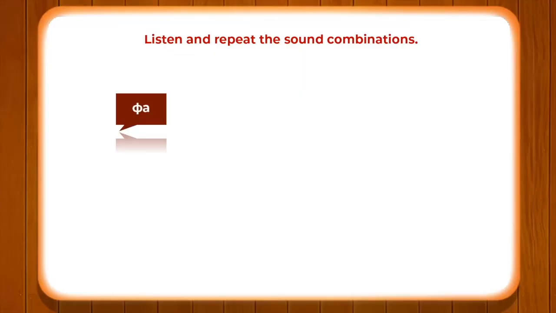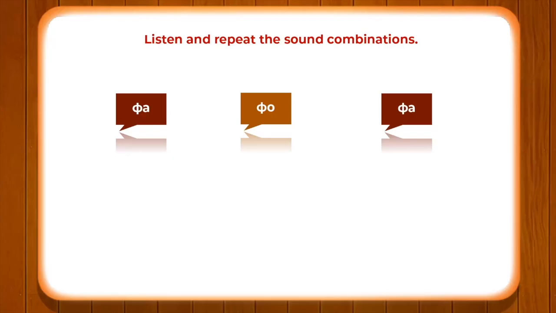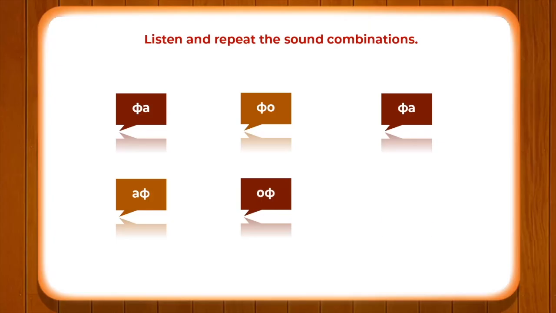As you already know, we are going to talk about combinations where we will have consonants and vowels, as well as vowels and consonants joined together, and we will pay attention to the specific sound. Alright, so I am going to start with fa, fo, fu. Now af, of, oof.